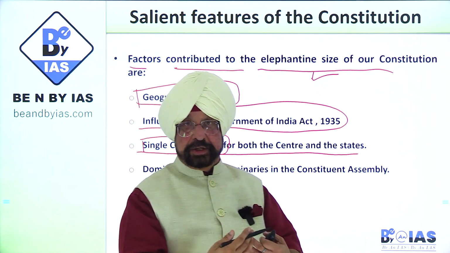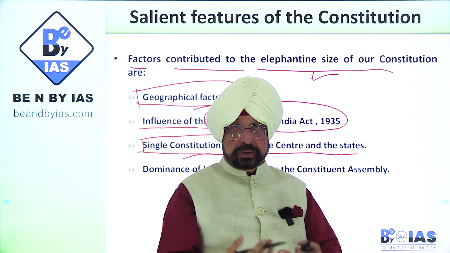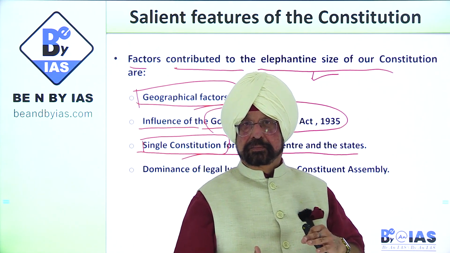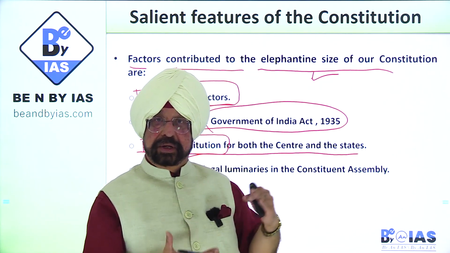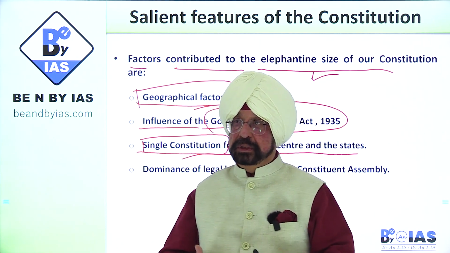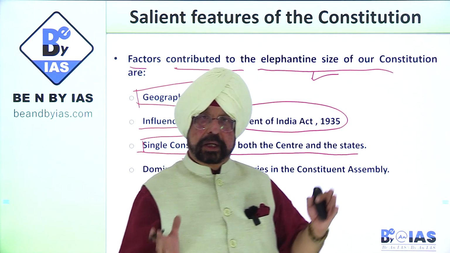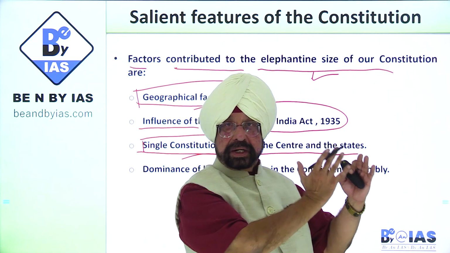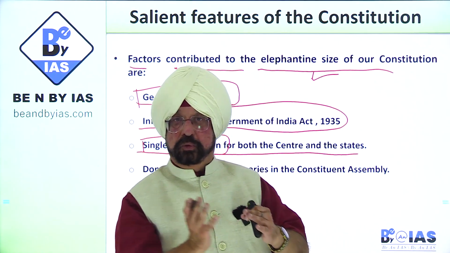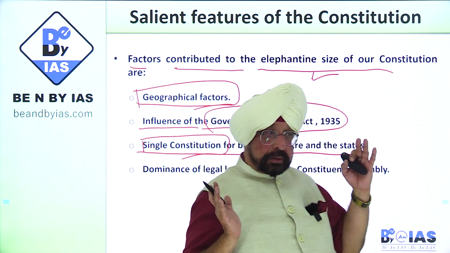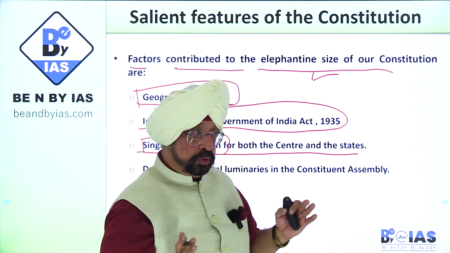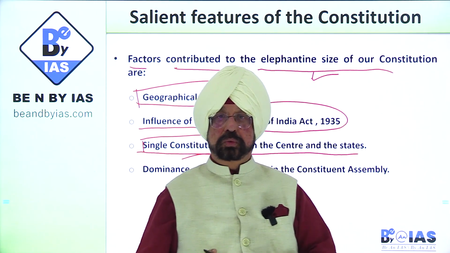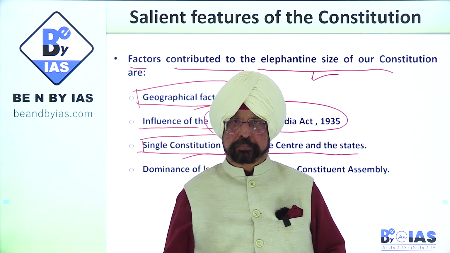The center-state relations are a very important part. So that itself has contributed to its large size. Whereas the first parts, like fundamental rights, directive principles, fundamental duties, etc., can be clubbed as Part 1, 2, 3, 4, and 4A. These five parts of the Constitution generally apply to the entire India.